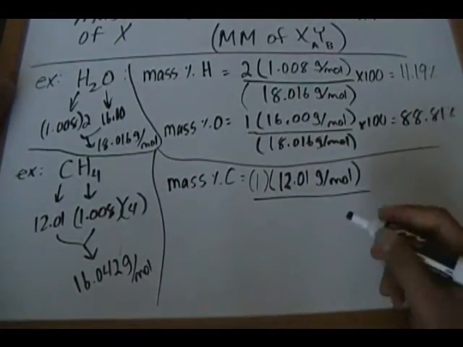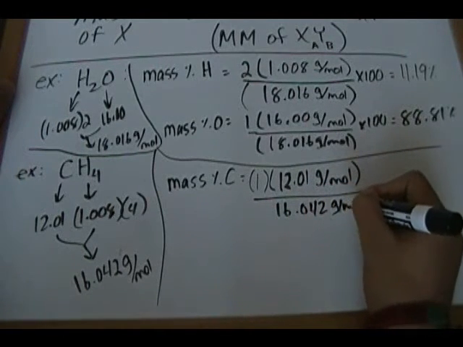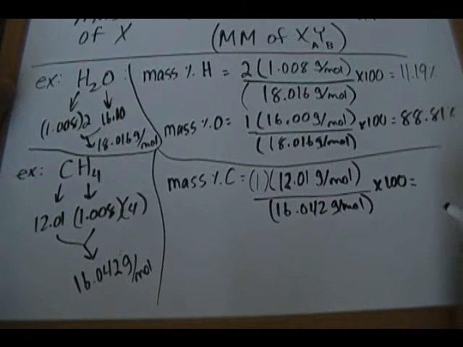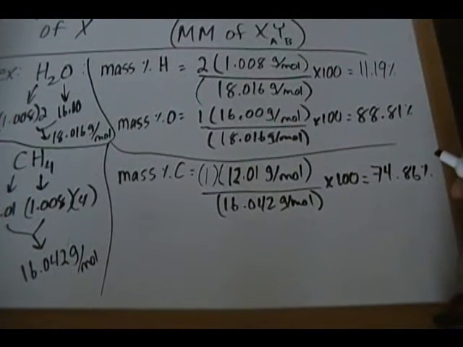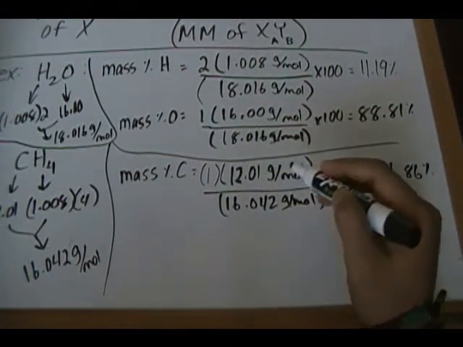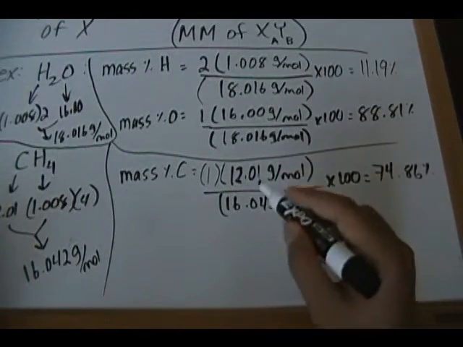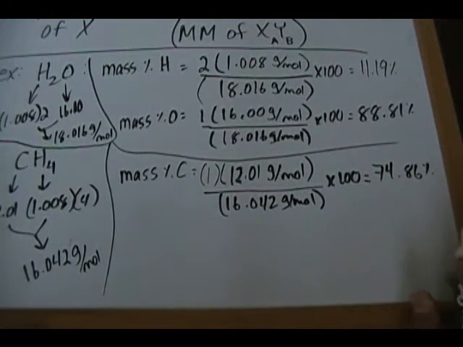In that case, it's going to be 16.042 grams per mole, times it by 100, and I get a value, already calculated this out, 74.86% about. Your values may be a little bit different, depending on how many decimal places you use in your calculation. It might be more accurate. If you use more numbers after the decimal, your number will be more accurate.